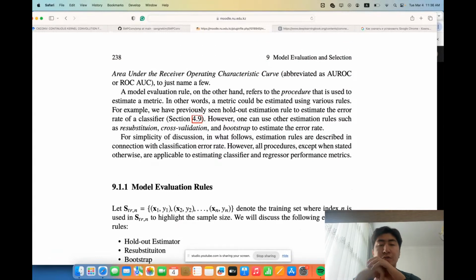A model evaluation rule, on the other hand, refers to the procedure that is used to estimate a metric. In other words, a metric could be estimated using various rules. For example, we have previously seen the holdout estimation rule to estimate the error rate of the classifier. However, one can use other estimation rules such as resubstitution, cross-validation, and bootstrap to estimate the error rate.